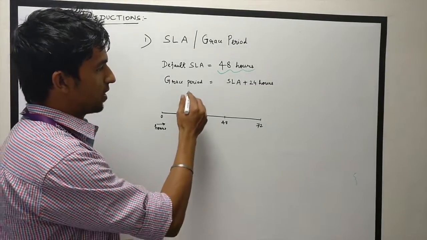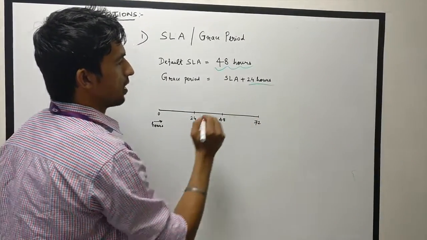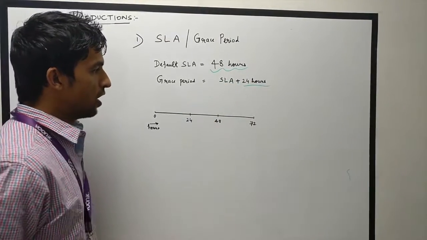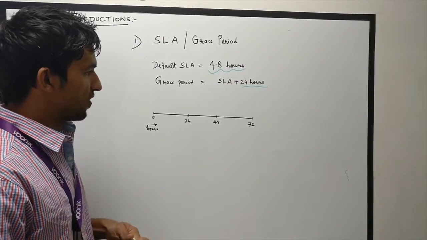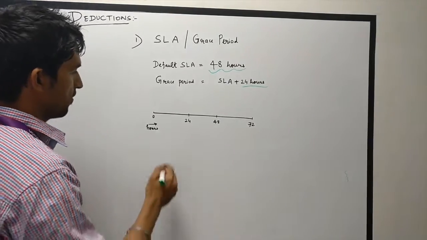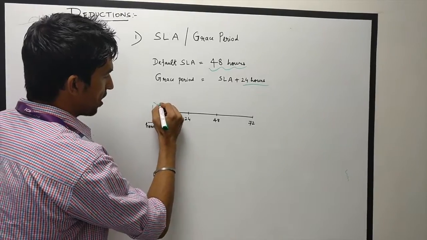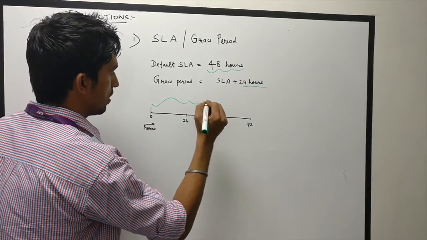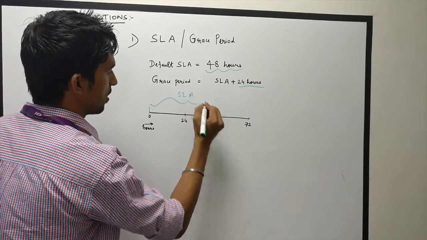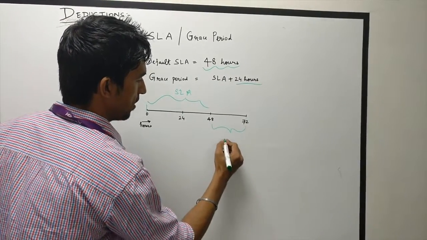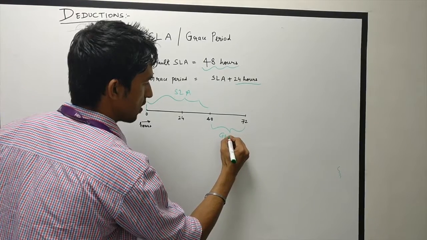And grace period is the 24-hour period, that is after the SLA period gets over. So I'll just show you in form of a timeline. So if this is the time when order is confirmed, within the 48-hour period is our SLA period, and 24 hours after the SLA period is a grace period.